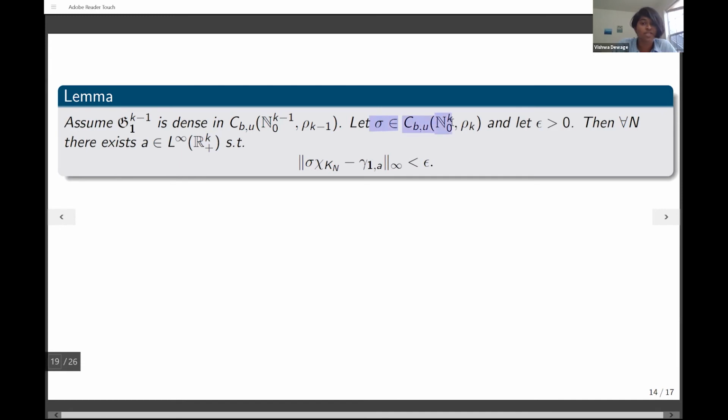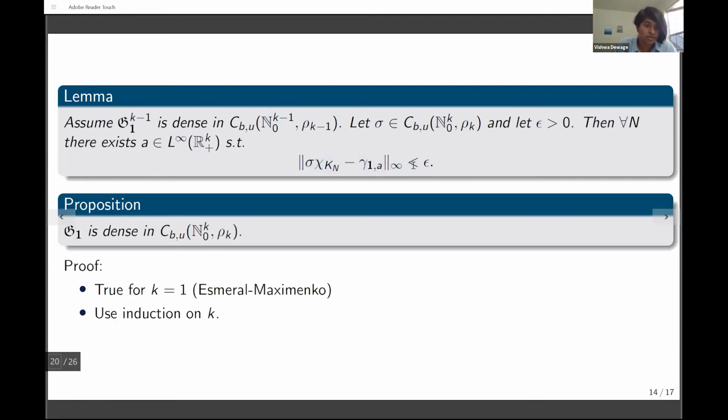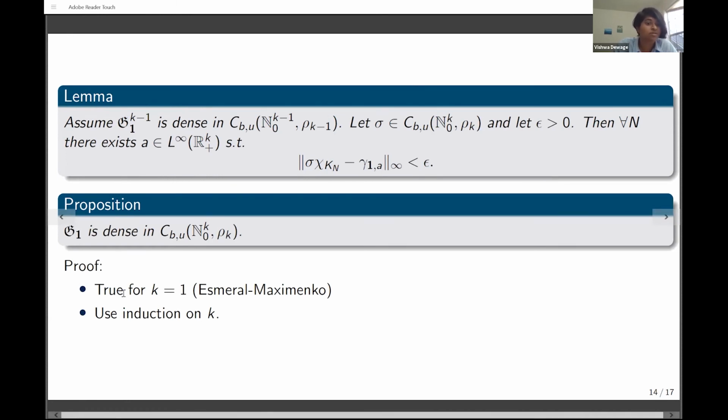And then if sigma is in CBU on N naught k, and if epsilon is greater than 0, then there exists a symbol such that we can control this part. Now, from this, it follows that G1 is dense in CBU because the case k equal to 1 was proved by Esmeralda and Maximenko. Then using the previous inequality, we get the proof of the proposition by induction on k.